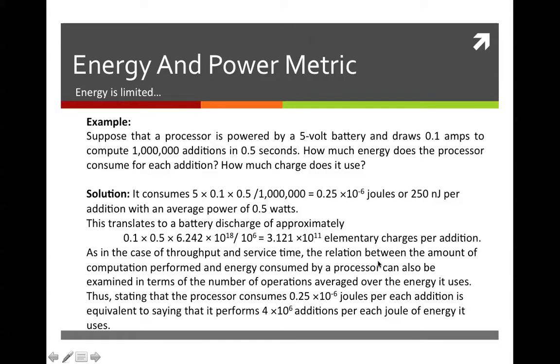I wrote that as W of t, the work generated up to time t, is some alpha of t times energy of t, where alpha of t is also something that varies in time.